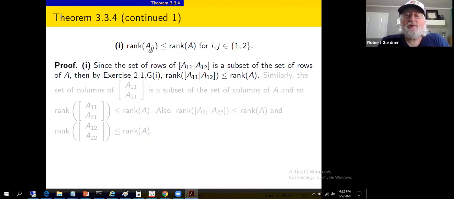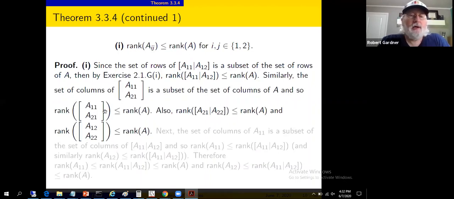That's not what we're trying to show, though. We got too much stuff here. I need to get rid of this side or that side. Well, no big deal. We can do a similar thing for the columns. If we look at the columns A11, A21, this is a subset of the set of the columns of the whole matrix A. So again, by this little exercise, the rank of this is less than or equal to the rank of A. We could also draw a similar conclusion.